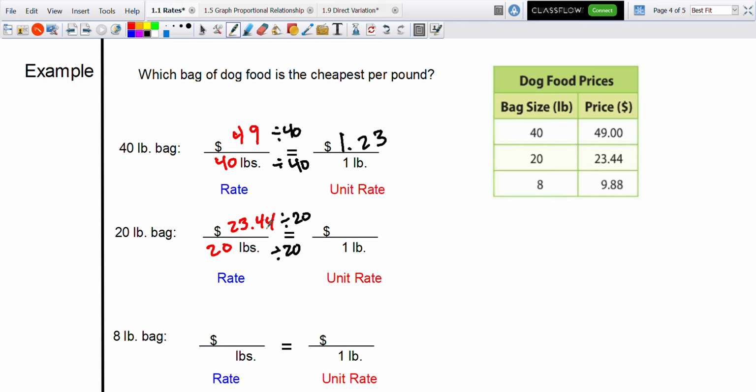And $23.44 divided by 20 turns out to be $1.17 per pound. So we can already see this. The 20-pound bag is cheaper per pound, right, by 6 cents per pound.